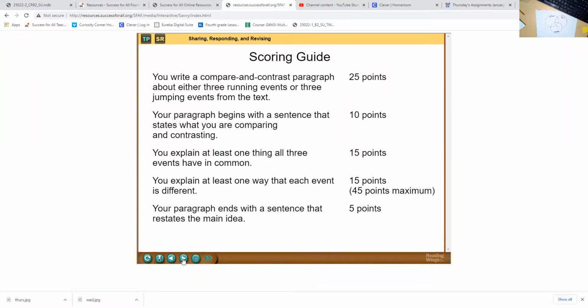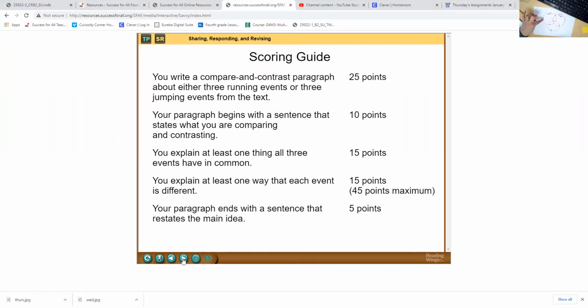Okay, so once again, after you get this whole thing done, you're going to write a paragraph. It's going to be graded like this. It says your paragraph begins with a sentence that states what you are comparing and contrasting. So let's think. What would we be comparing and contrasting?